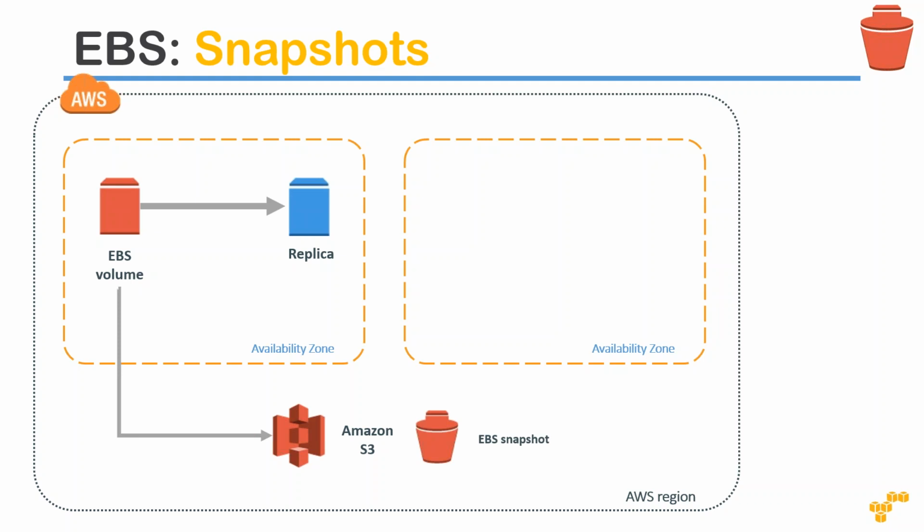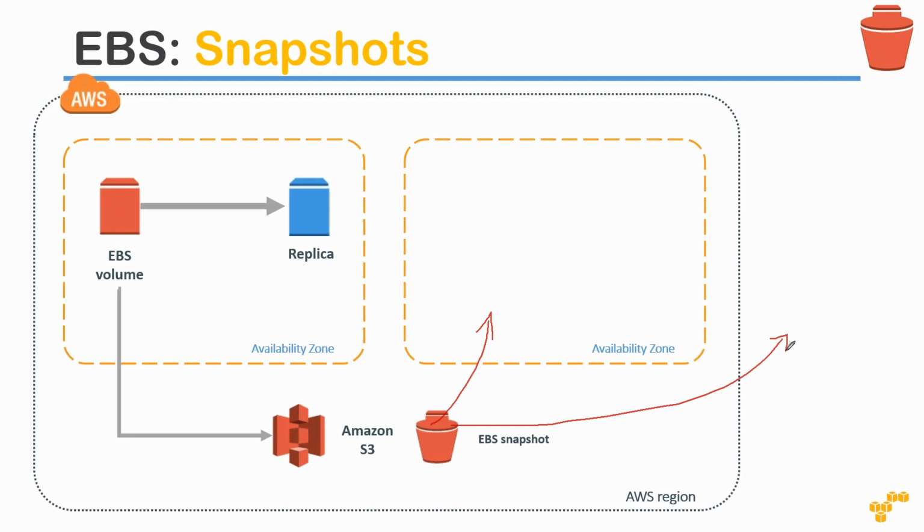If you remember, S3 is not tied to a particular availability zone. From this snapshot, you can move it to another availability zone, or to some other region also. That is also possible. So that is how snapshots come into the picture.